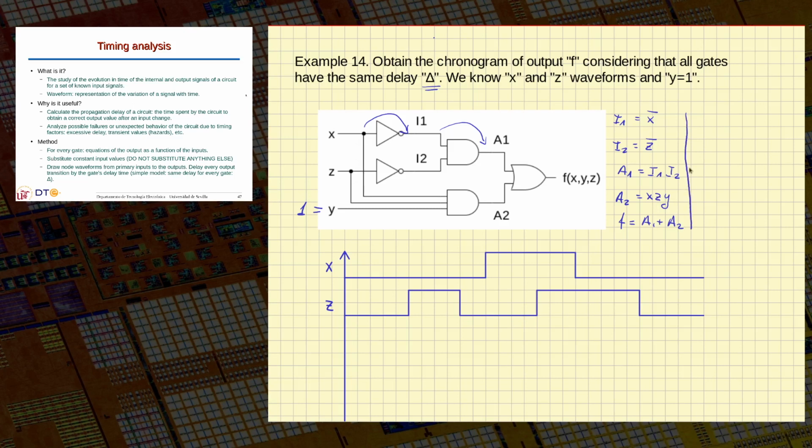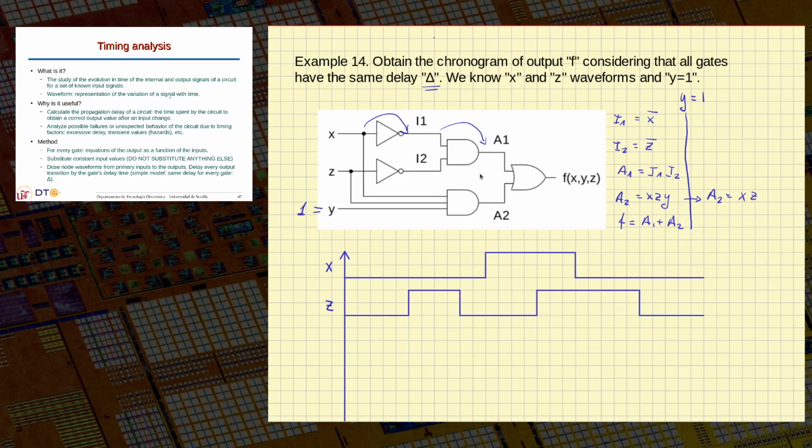In this case, I know that Y is equal to 1, so I can simplify these expressions a little bit. In fact, the only one that I can actually simplify is this one, okay? Because Y is constant and is equal to 1, A2 is equal to X, Z only, okay?